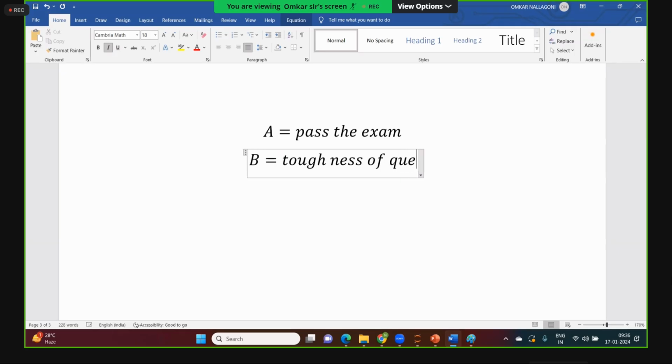Now if I write P of A by B, tell me what is the meaning of P of A by B and P of B by A. P of A by B first: probability of passing the exam when the question paper is tough.